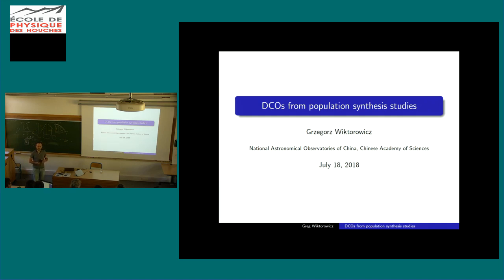This is the population synthesis side. Some people say it's the dark side of these simulations. In this first part, I will give an introduction to this method, and in the second part, we will have a hands-on session to work on this data and get some results connected with double compact objects.